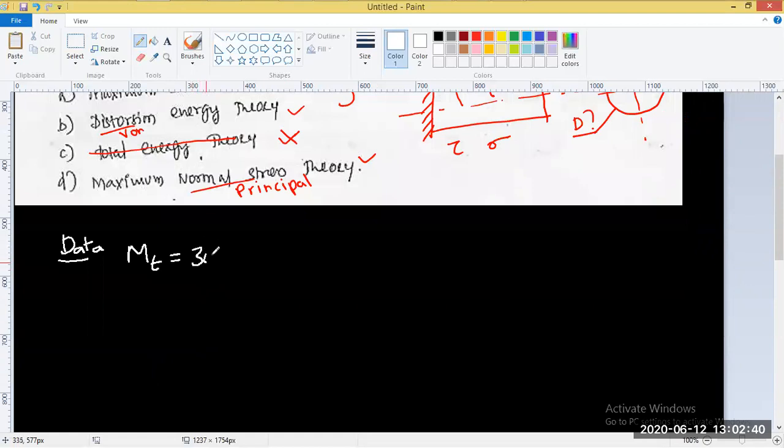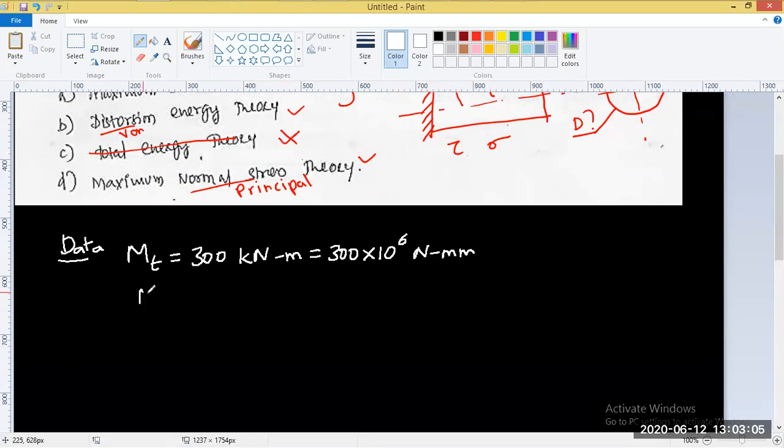Converting 300 kilonewton meter to Newton mm: kilonewton is 10 power 3 and meter to mm is again 10 power 3, so 10 power 6. So it is 300 into 10 power 6 Newton mm.